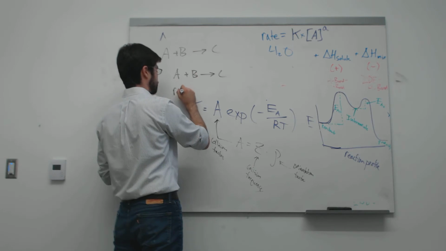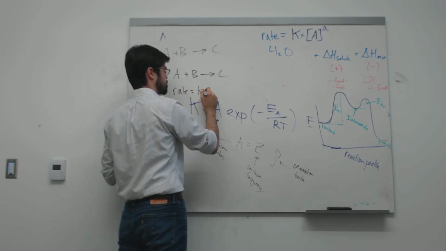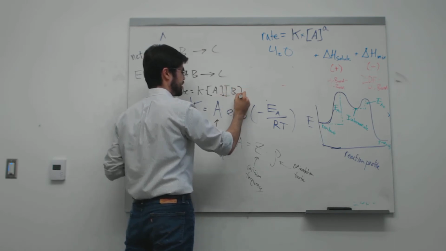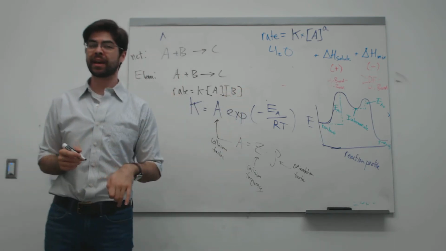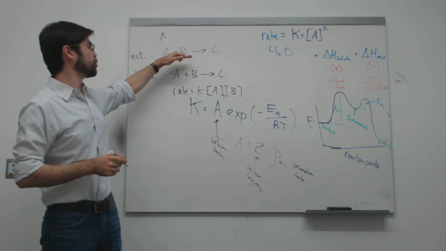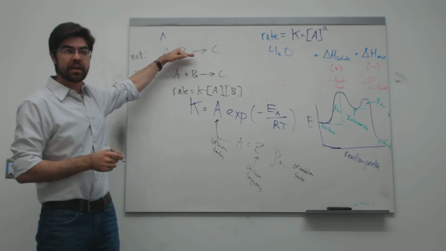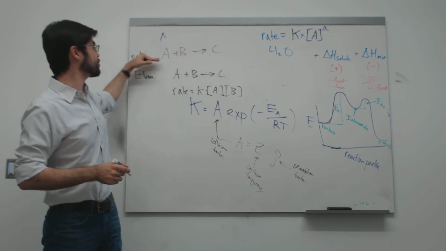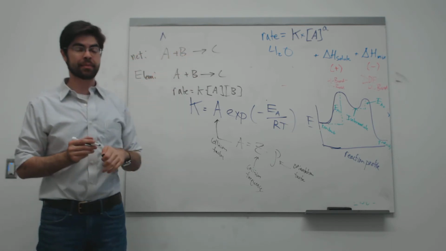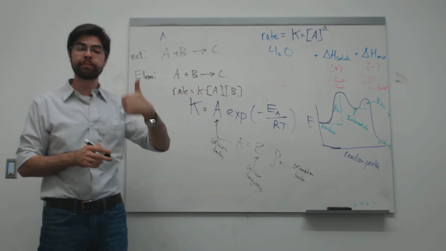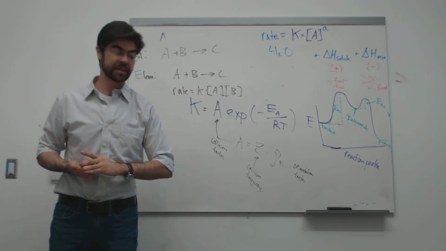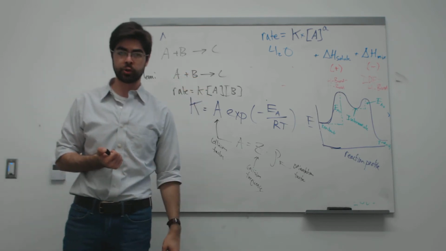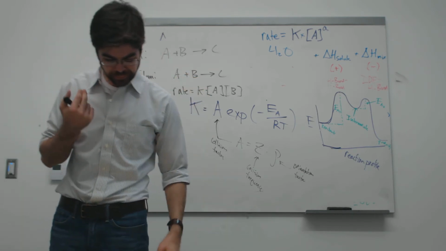So if you actually measured the rate law and your experimental rate law was A times B, then that's a possible indication that the single elementary step for this net reaction is the same as the elementary reaction. This is one vote in favor of that, because if this is your experimental rate law, it's also the same as the rate law you would predict for the elementary reaction.